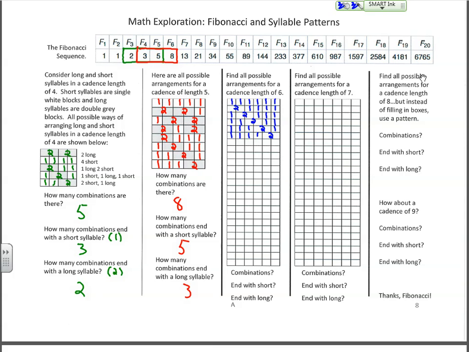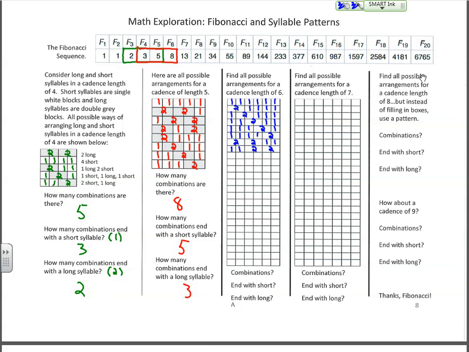Then we move on to, okay, how many ways can we make a 6 with two 2s? Well, we can put our two 2s first and end with two 1s. Or I could put my two 1s first and end with two 2s.